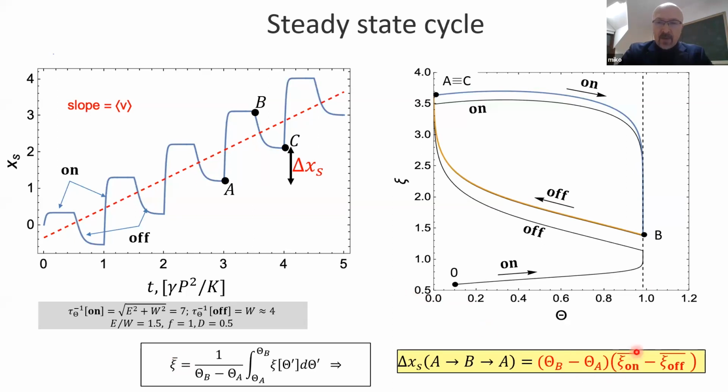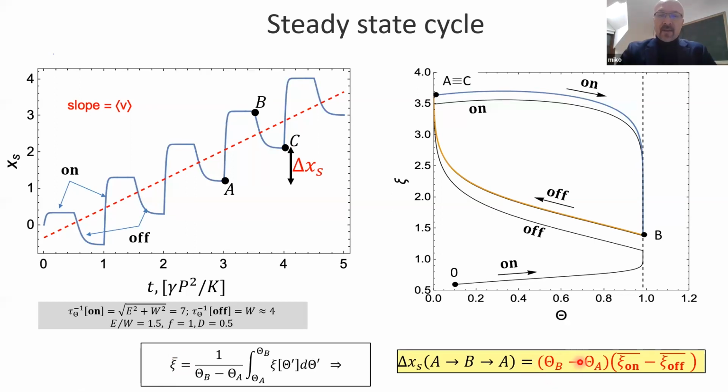So it's the range of background angles spanned through this one period, and the difference of the on average psi minus off. So this simple formula expresses the net displacement and links the displacement of a skyrmion over one period to this intrinsic variable psi and the global variable theta b.